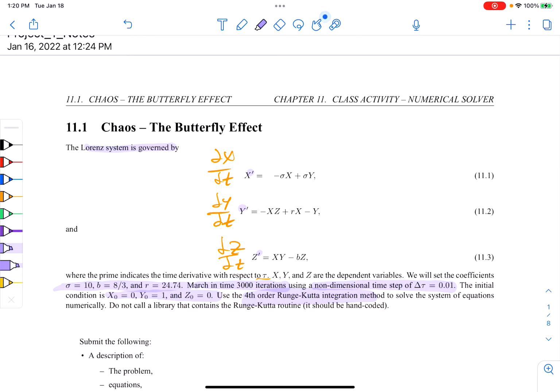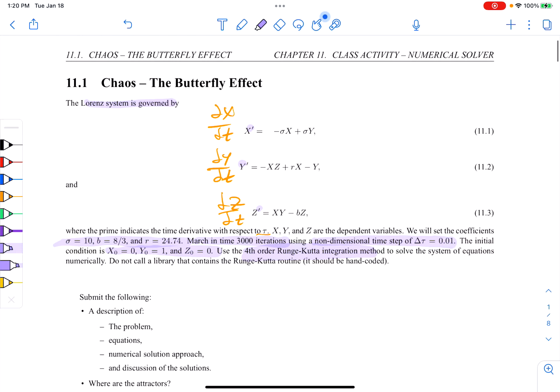The answer is probably no. So you're solving the same equations, same order, same initial conditions, and at 3,000 iterations, you're not going to have the same answer. Why? You had different truncation error in your computers versus his at MIT 50 years ago. Okay, so that's step 1.